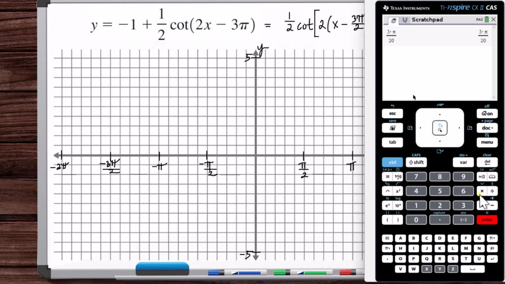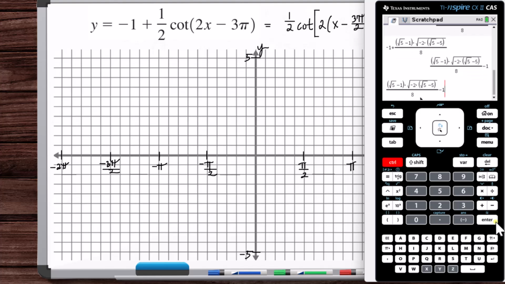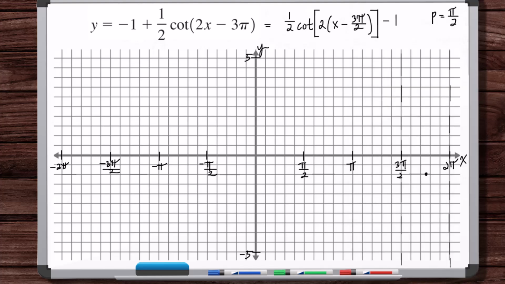Okay, let's plug that in. So 2 times that minus 3 pi, cotangent of that, divided by 2, minus 1 plus that. So it's going to be minus 0.63. Each of these tick marks is 1/2.